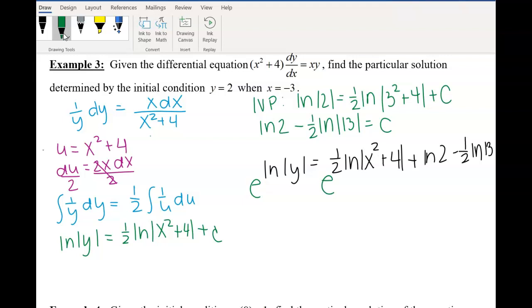You have to remember that e to something being added is really e to all of those things being multiplied.